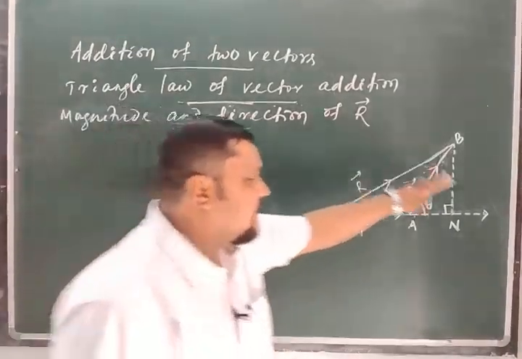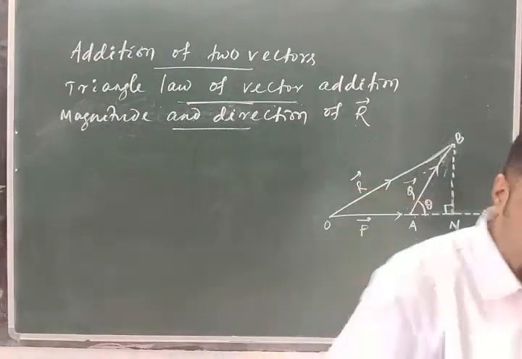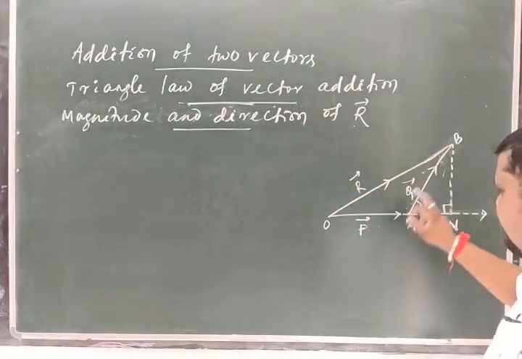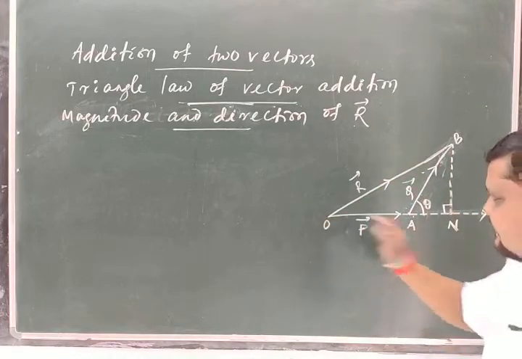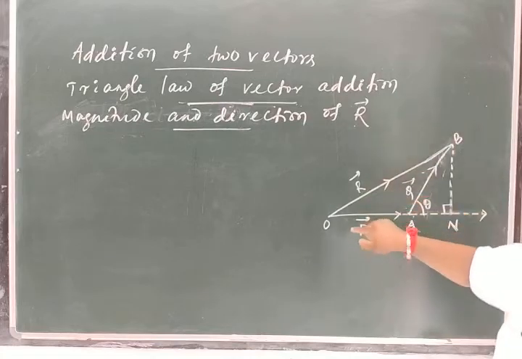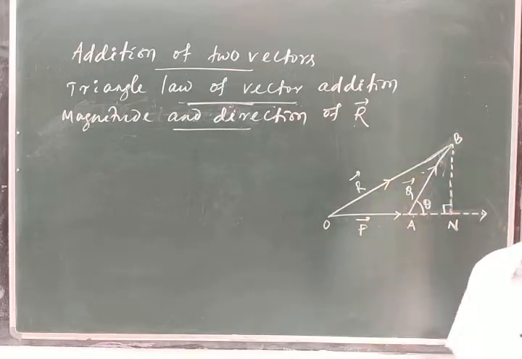So this is the figure, and I am not writing all these things again. I am repeating what I told: let P and Q be the two vectors represented by the two sides OA and AB of a triangle OAB taken in the same order.